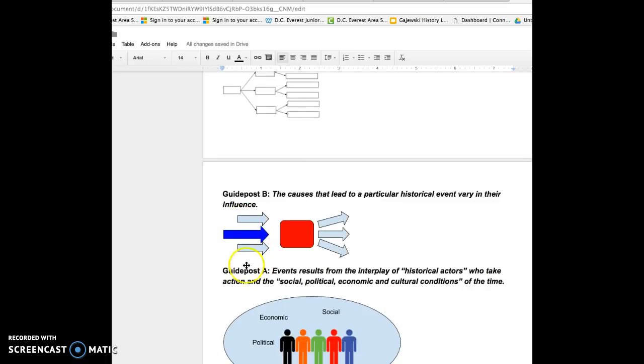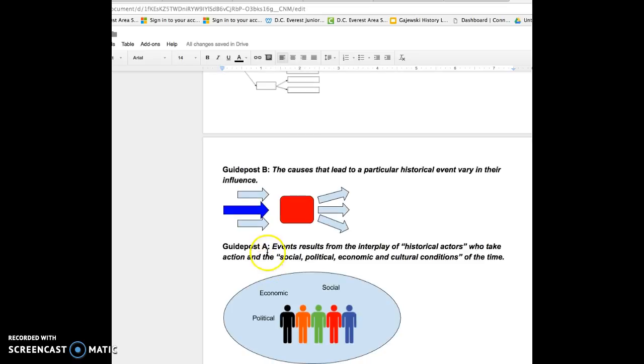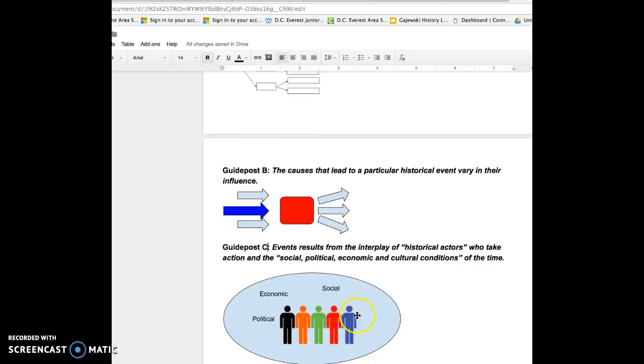And then the next guidepost, which should say guidepost C, is that events result from the interplay of historical actors. The people in history, we're going to call them historical actors, even though they're real, who take action, and the social, political conditions of the time that they're living in matter. And so that's important to explain that.